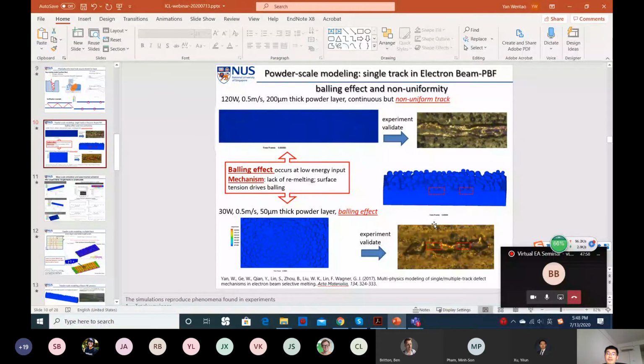But as long as quite a few significant values or phenomena are reproduced in the experiments, in the simulation, we think this simulation is reasonable, and conclusions from this simulation are convincing.